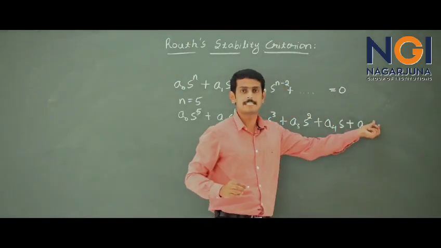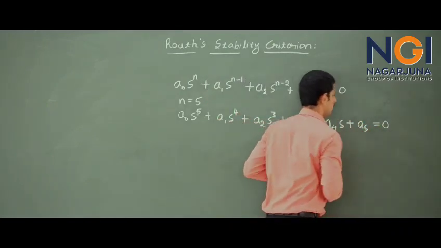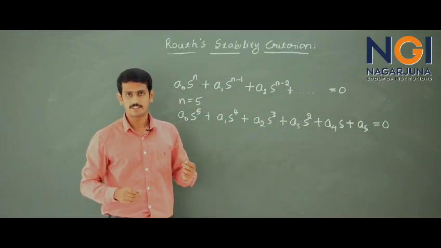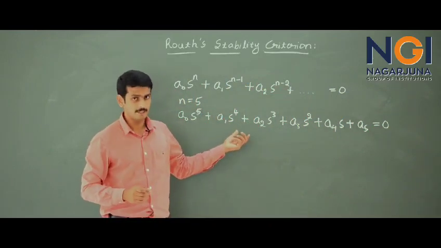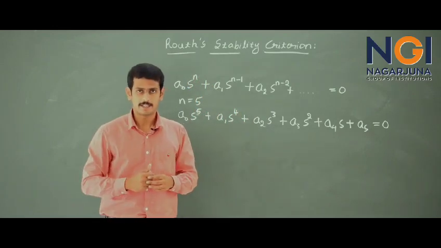After a5, s power 0 is considered as 1, and this is equal to 0. This is the characteristic equation which I am taking to solve the stability using the Routh's stability criterion.